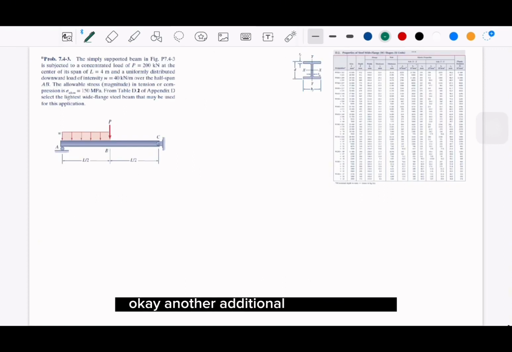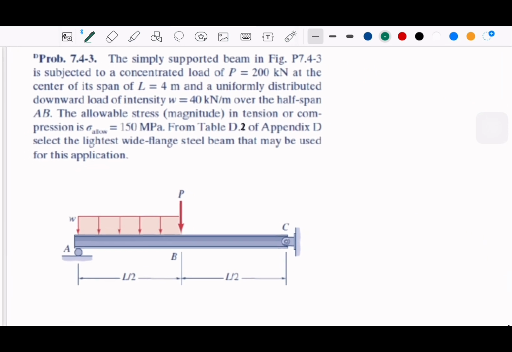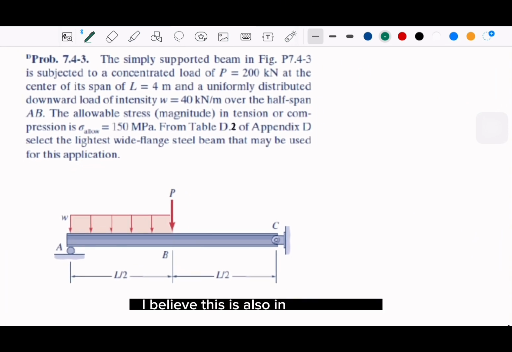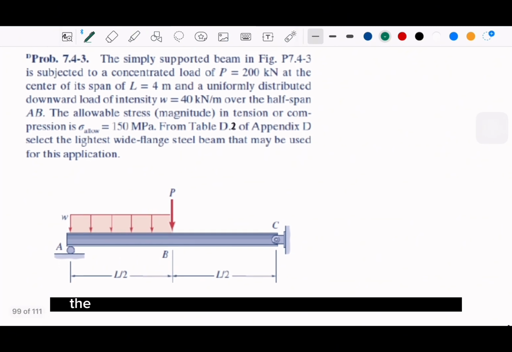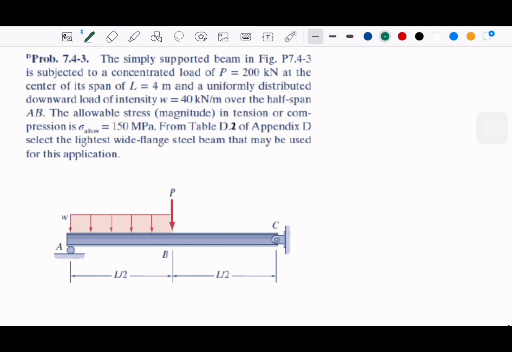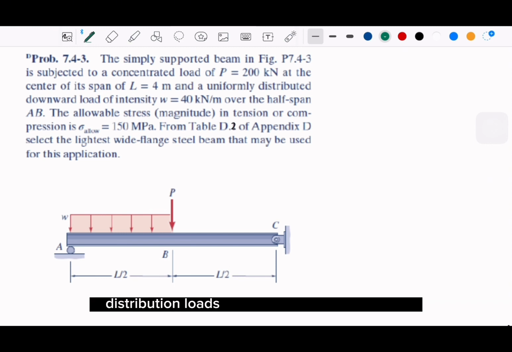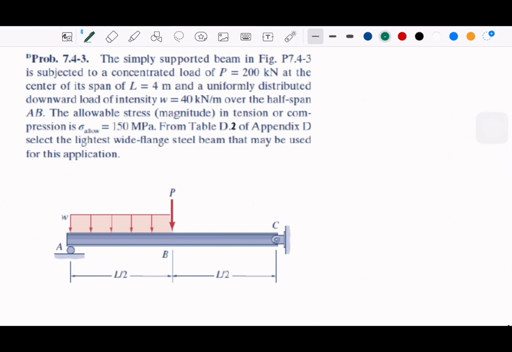Okay, another additional content that I believe is also in the exercise. So we have 743. Okay. So we have this picture here, the supported beam subjected to a load of 200 kilonewton. And then we have the distributed load 40 kilonewton over meter for the segment AB. We have the allowable stress, which is 150 MPa.